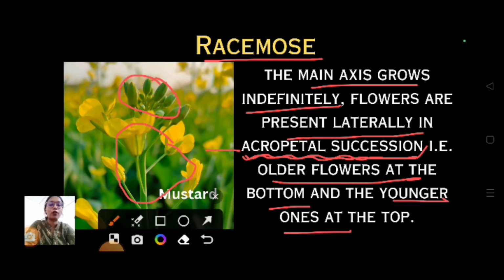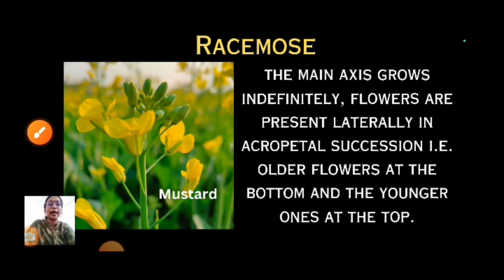This is called the acropetal succession, which you can see in racemose inflorescence. The older flower will be at the base and the younger bud will be at the top, and they will grow indefinitely. Is it clear? An example you can see is the mustard plant.